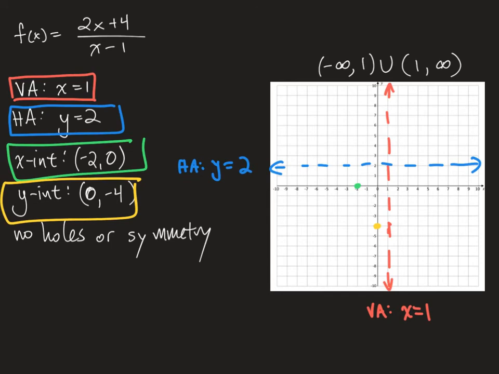Now in each interval, I have to make sure I have a point that is plotted that is not an x-intercept. So it looks like to the left of this vertical asymptote, I have an x-intercept, but I also have this y-intercept. This is not an x-intercept, so we have enough points plotted to the left of this vertical asymptote.